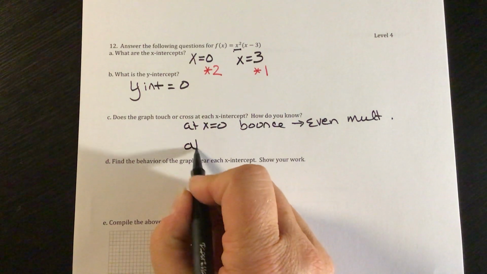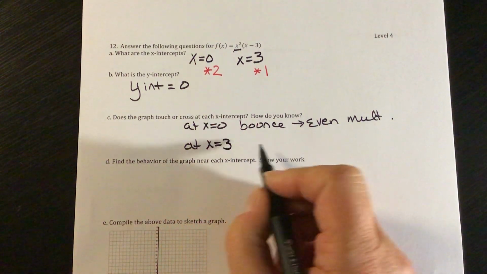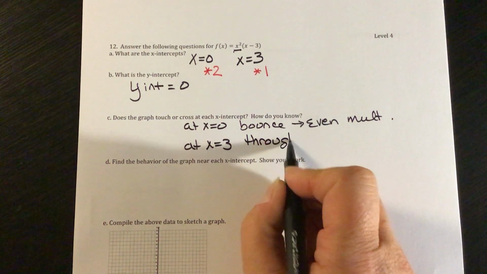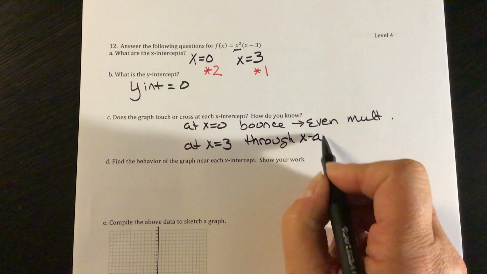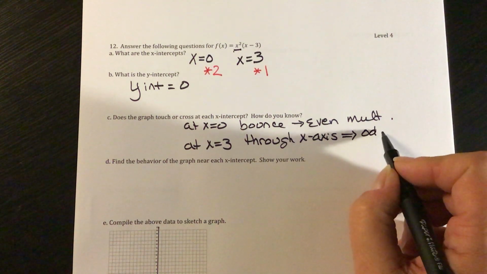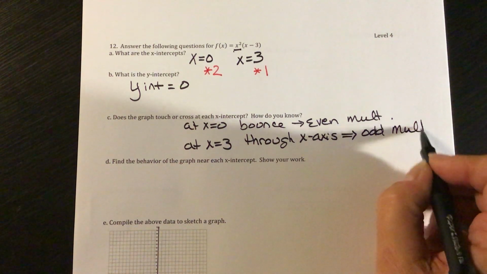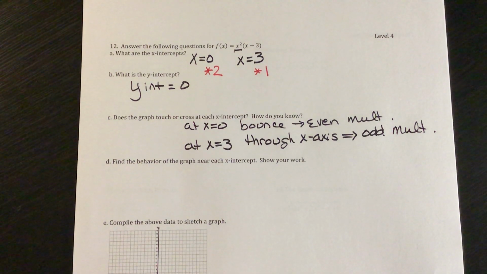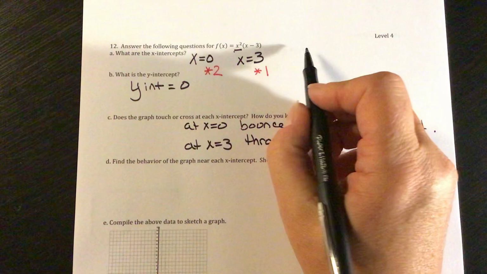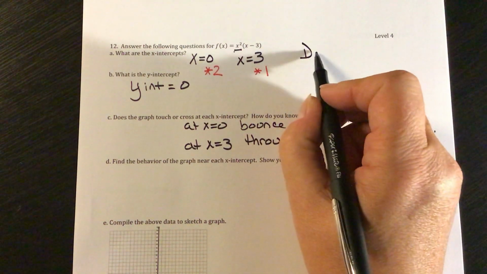At x equals 3, it's going to go through the x-axis because of the odd multiplicity. Okay. We can also find the degree. That's going to help us with the end behavior.